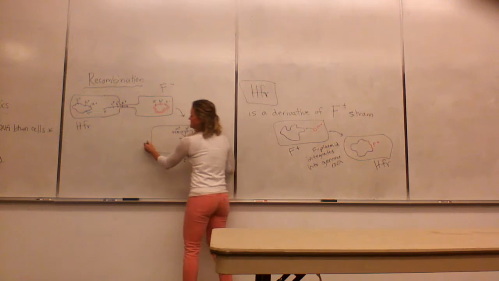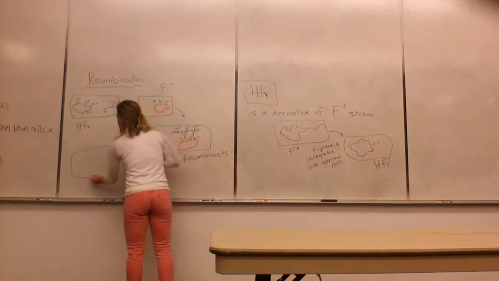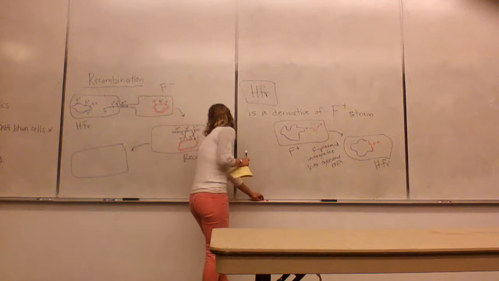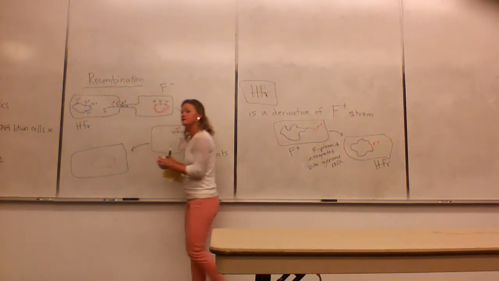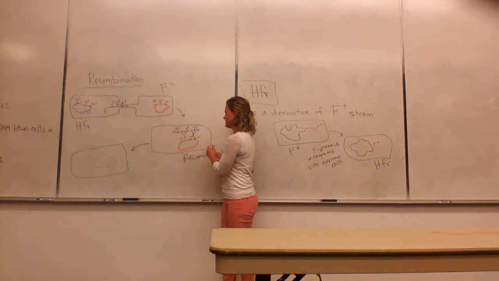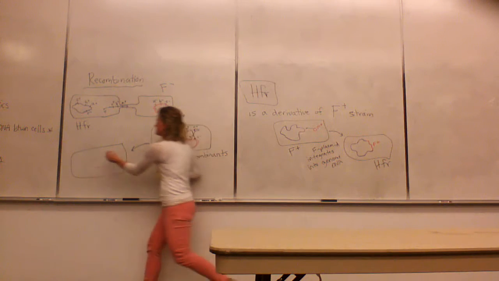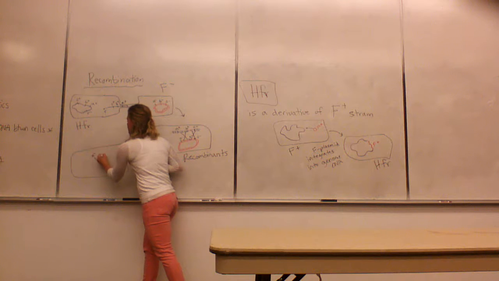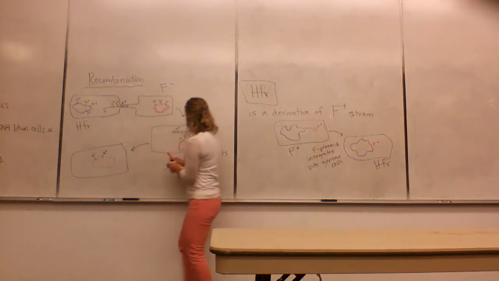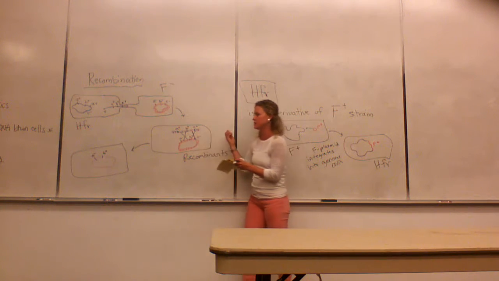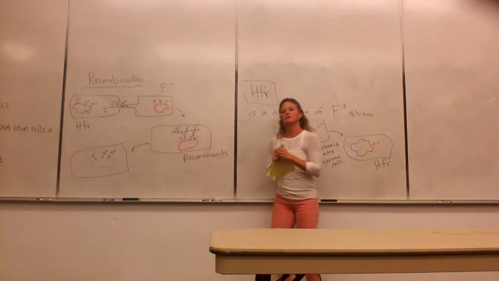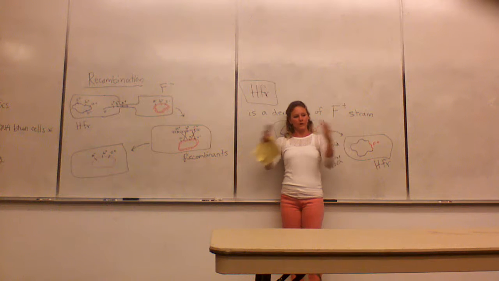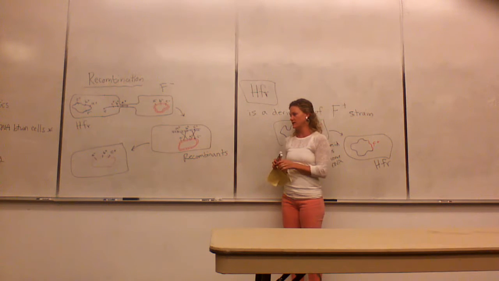The result of this would be a cell that has some of the alleles from the original strand, so maybe A minus, but B and C plus, depending on what point in the sequence it actually recombined.